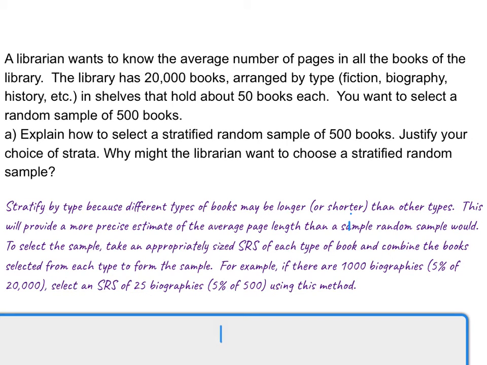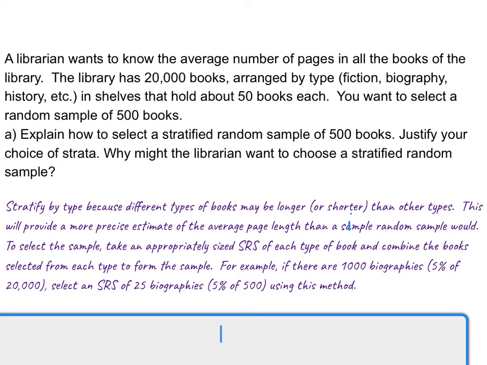Here's what I mean by that, specifically. Let's say there are 1,000 biographies in this library, that would be 5% of the overall 20,000. So I'm going to select an SRS within the stratum of biographies of 25 biographies, because this would be 5% of 500.